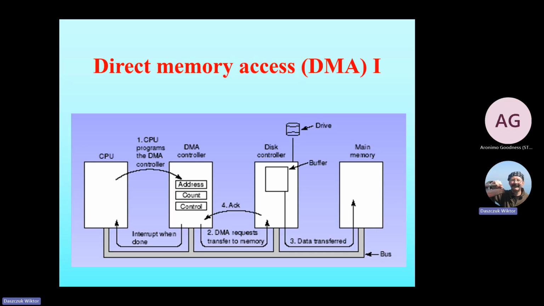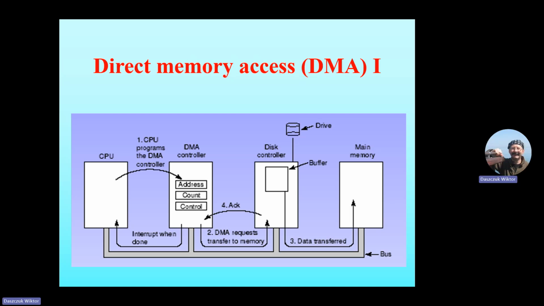And this controller reads byte by byte from the disk to an internal buffer and then sends data to memory. When it finishes, or some error occurs during transmission, the acknowledgement or signal on error is sent to the DMA controller.